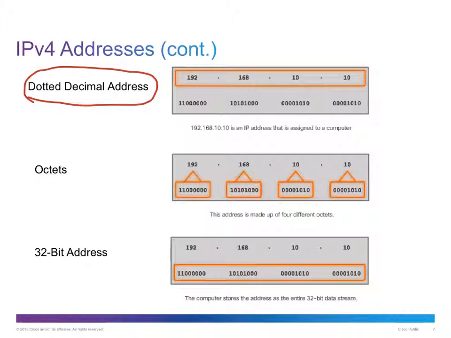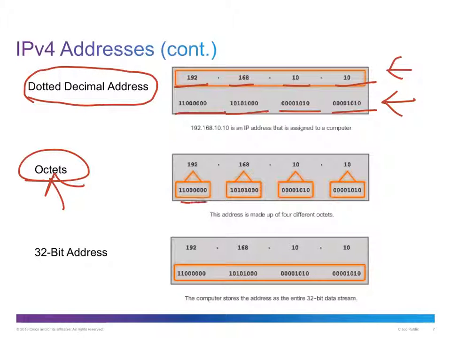Dotted decimal addresses, for example, 132.168.10.10. These are the binary equivalents. So inside the router and computer and so forth, it sees the ones and zeros. Us humans look at this so that we can better visualize that. Divided into octets, groups of 8. Octal, groups of 8. So we got 8 bits, 8 bits, 8 bits, 8 bits that represent these decimal numbers.